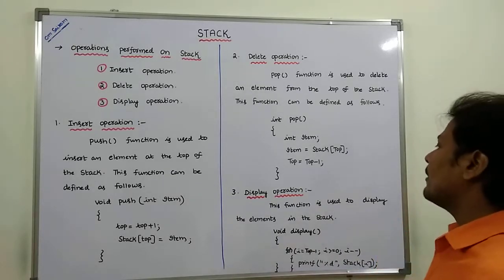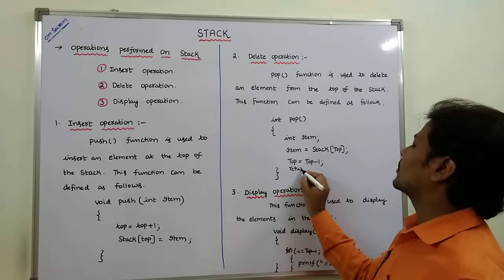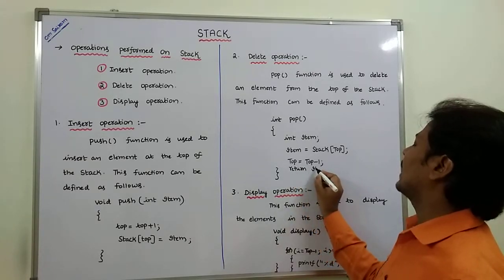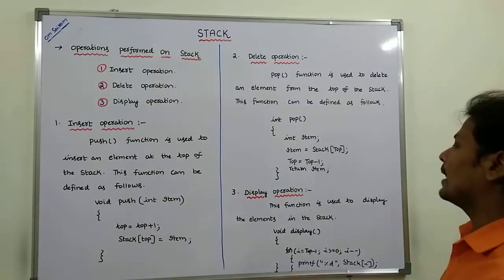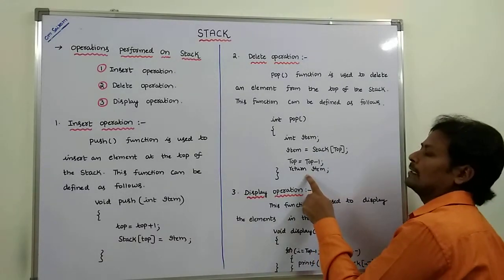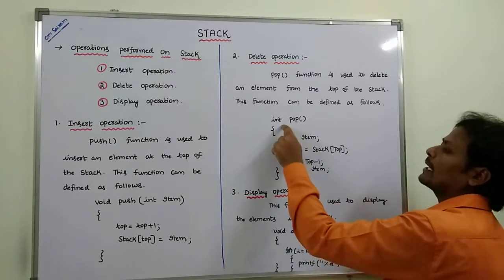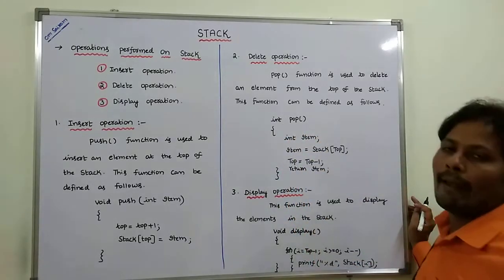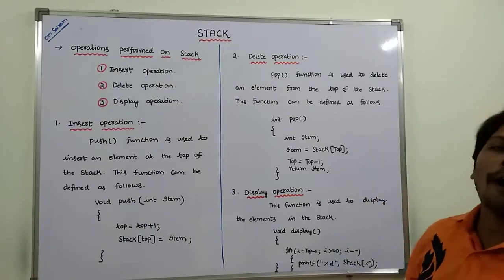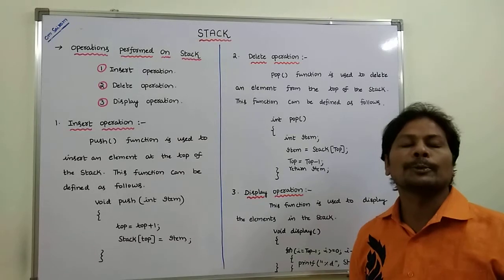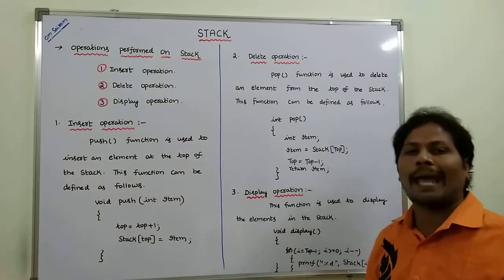Then finally return item. Whatever item we removed from the top of the stack is returned. That item is an integer, so the return type here is int. So this is the definition of the pop function to delete an element from the top of the stack.